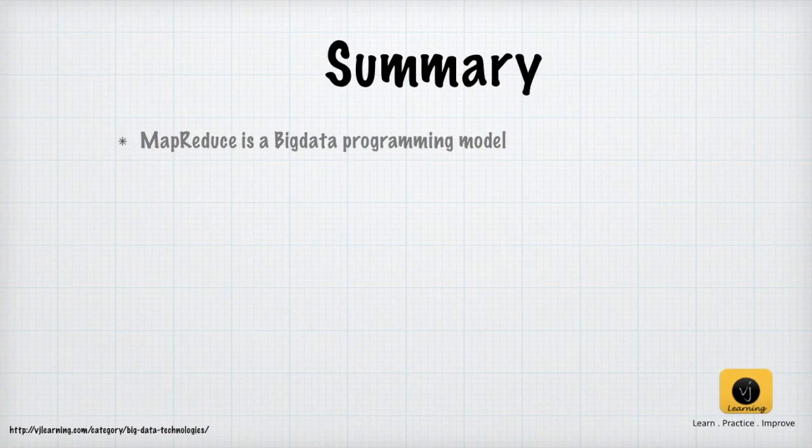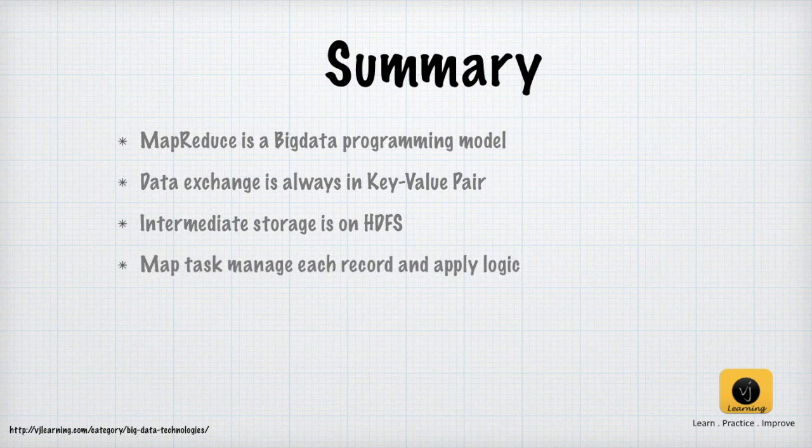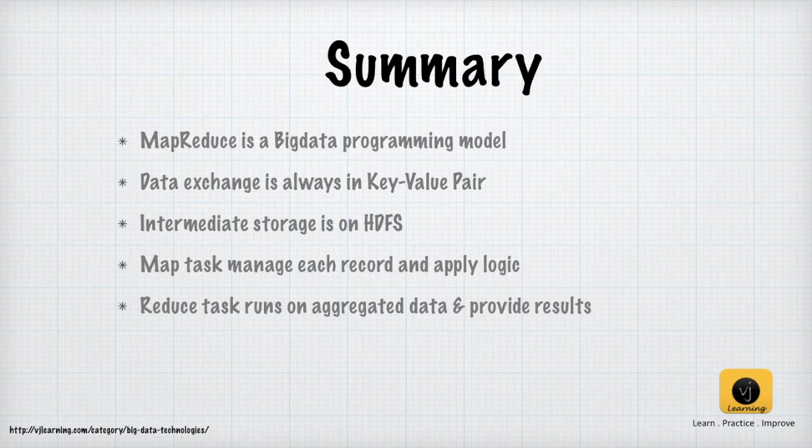So far we understood it's a programming model of big data, and data exchange is always in key value pairs within the framework, and intermediate storage will be HDFS. The map task manages each record and applies the same logic across each record, and the reducer task runs on aggregated data and provides the results on a specific key.